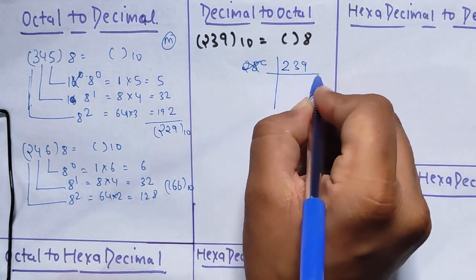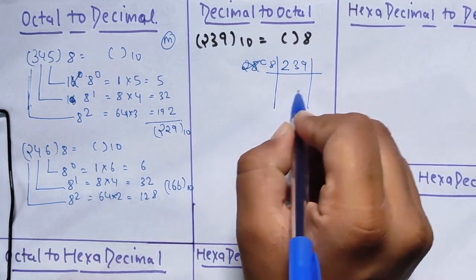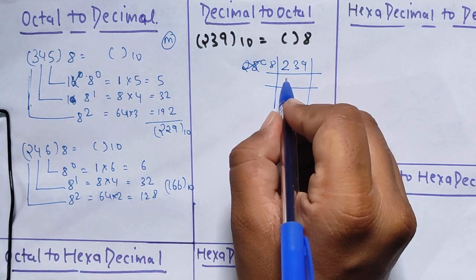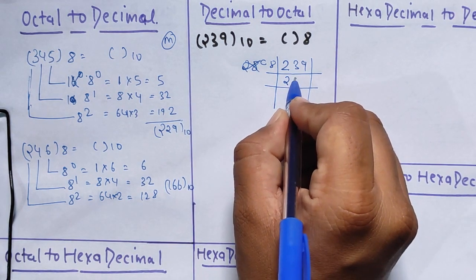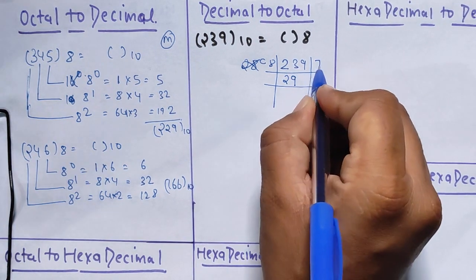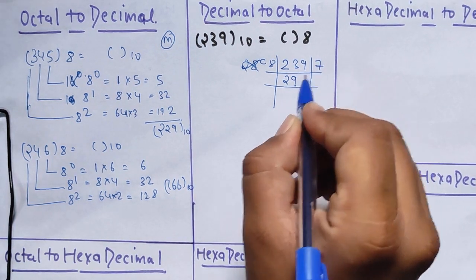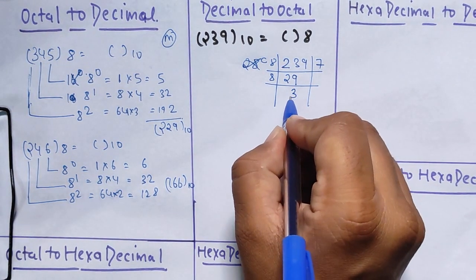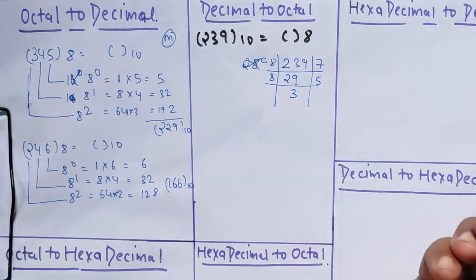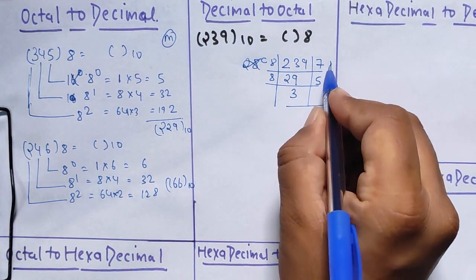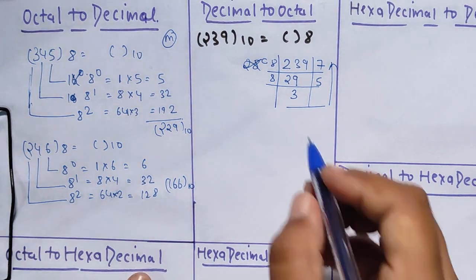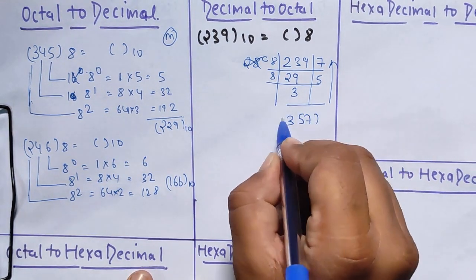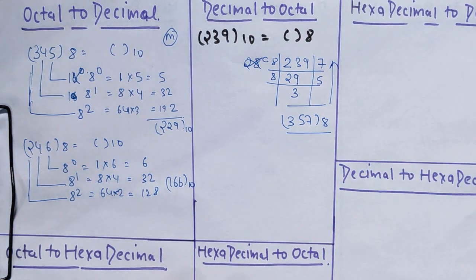I divide 239 by 8, and it will be 29, and the remainder will be 7. Then 29 divided by 8 is 3, remainder 5, and then 3. After that I will move from bottom to top, and it will be 357 to the base 8. This is how I can convert any decimal number into octal.